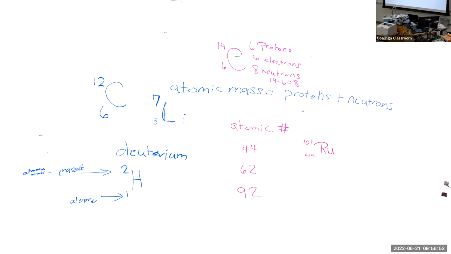Number of protons. Number of electrons. Number of neutrons. And how did you get that? I subtracted the atomic number from 101.